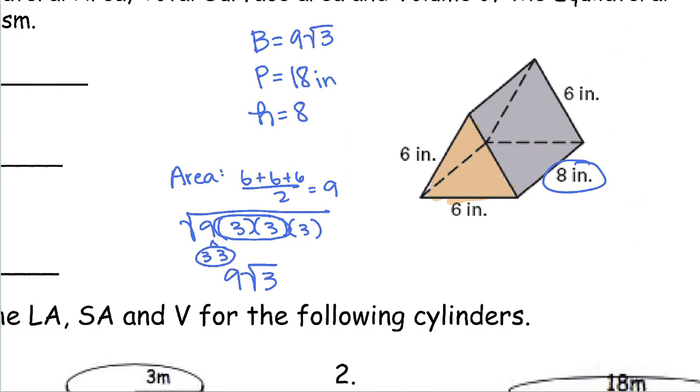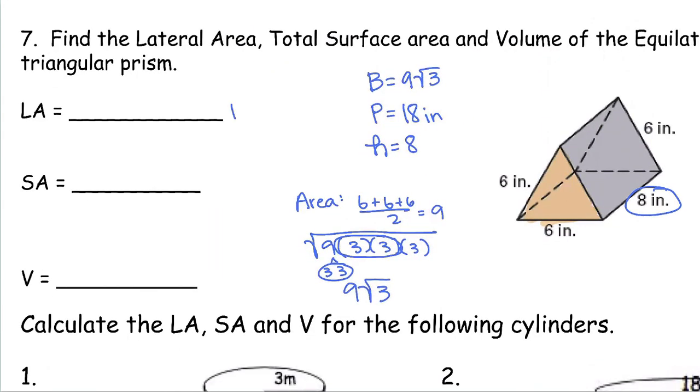And now it's just a matter of plugging things in. So for our lateral area, this is going to be our PH. So 18 times 8, which is 144 inches squared. So this is going to be, for our surface area, that 144 plus 2 of our bases, 9 root 3.